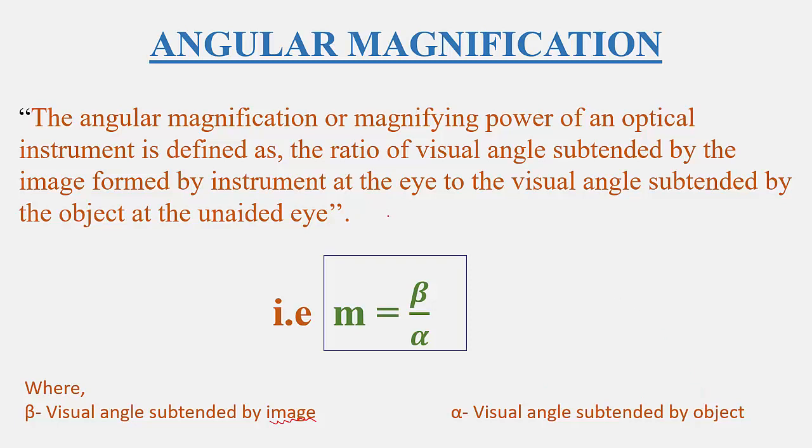So this is angular magnification. That means this magnifying power gives how much ability the instrument has to magnify or enlarge the image. That ability we can easily calculate using angular magnification.